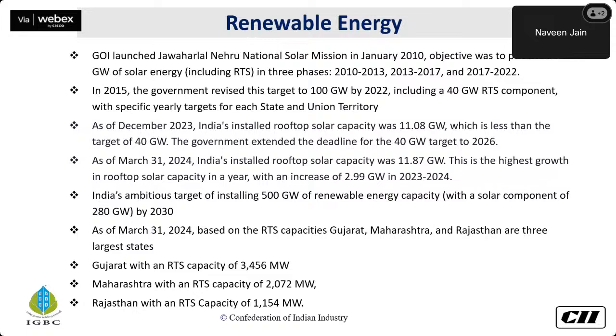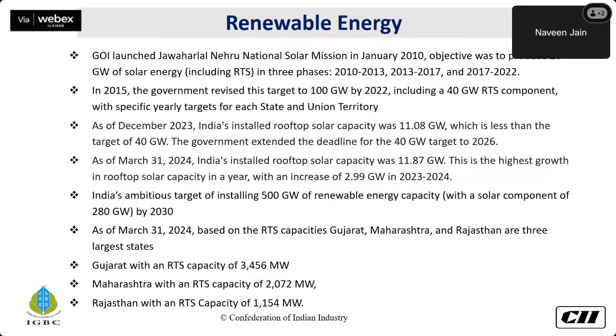As of December 2023, India's installed rooftop capacity is 11.08 gigawatt, which is much lower than the target of 40 gigawatt. That's why the government has revised the timeline to 2026 to achieve this 40 gigawatt of rooftop solar installation.